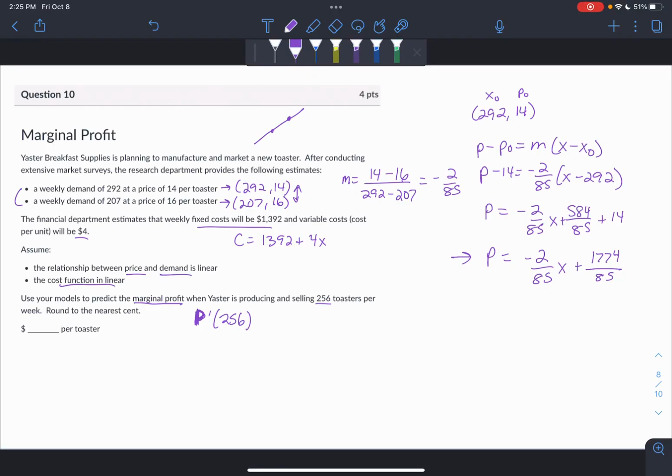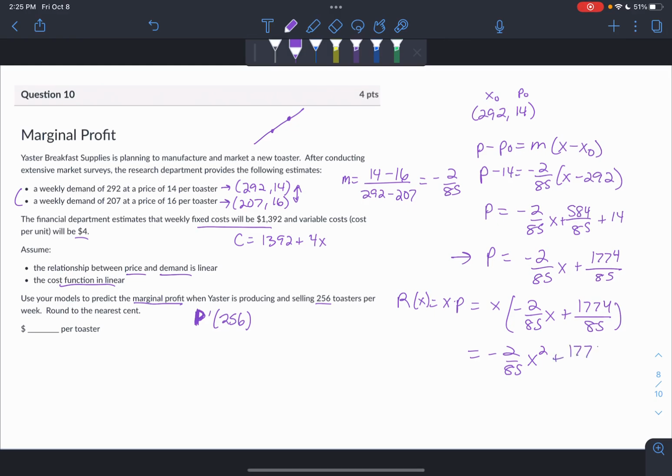So that's just X times P, our lowercase p. So we can just multiply what we found for P by X. So this gives us minus 285x squared plus 1774 over 85x.